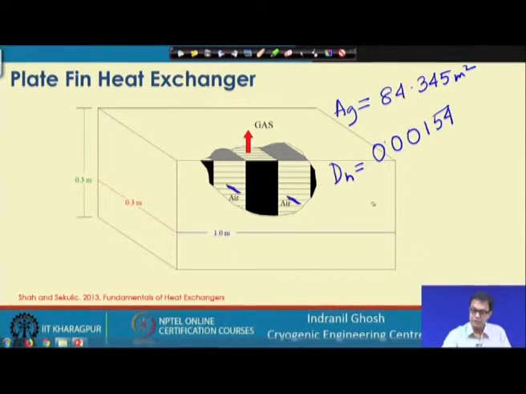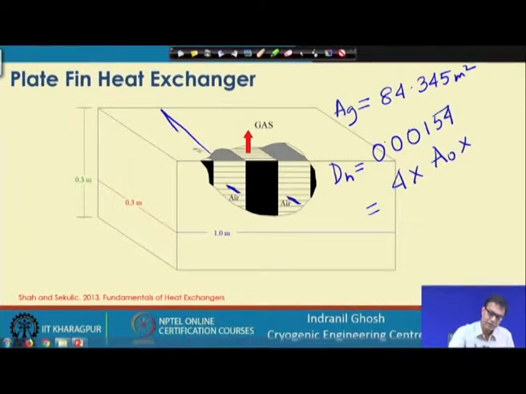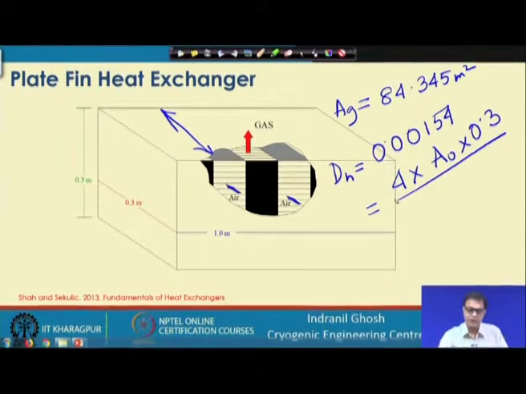0.00154. That is equal to 4 times A 0 times the length, which is the dimension 0.3 meter, divided by the heat transfer area 84.345.